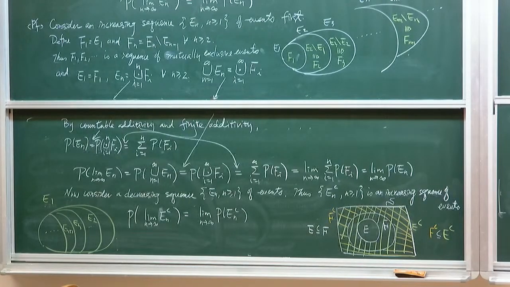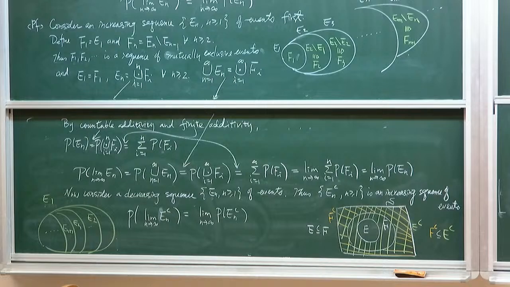So this implies that the probability of the limit as n goes to infinity of En complement is 1 minus the probability of, see, it's okay? So this is by proposition 2.4.1, right?